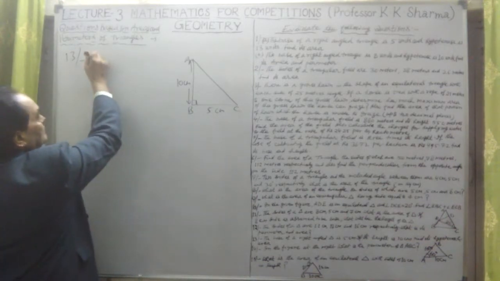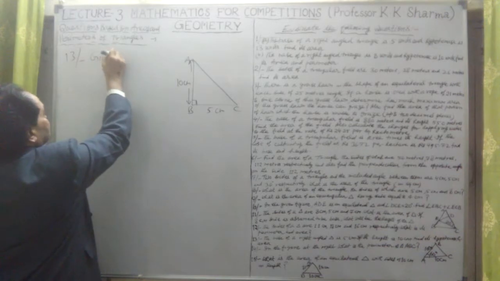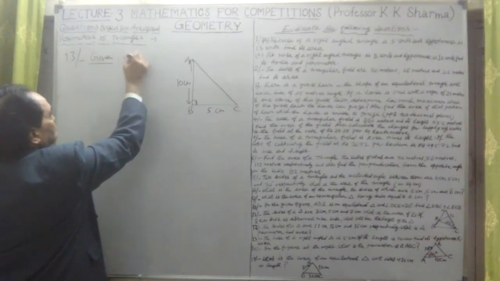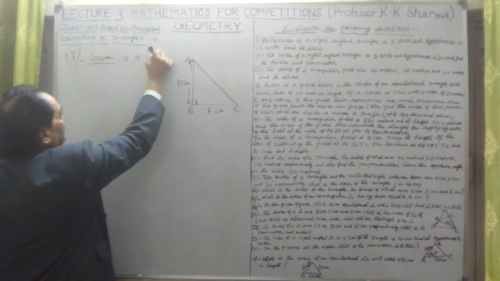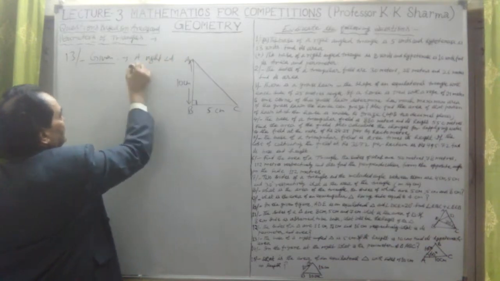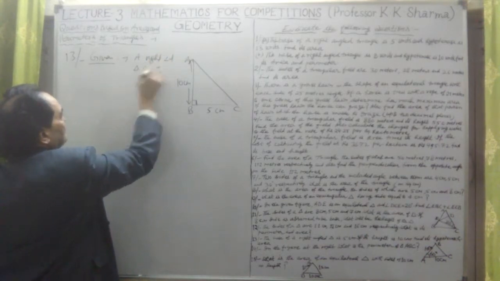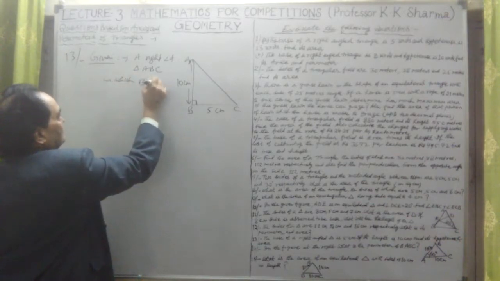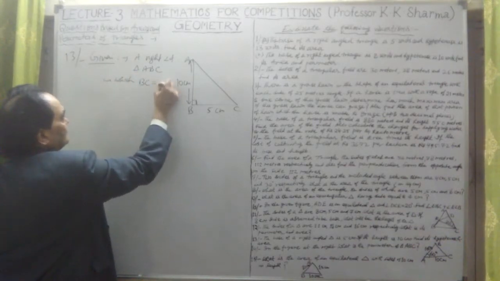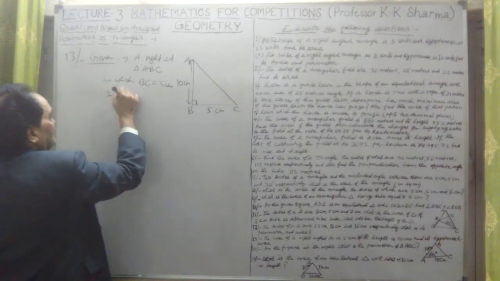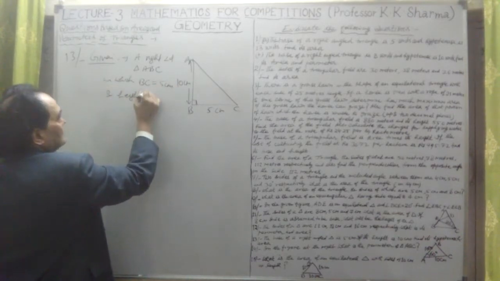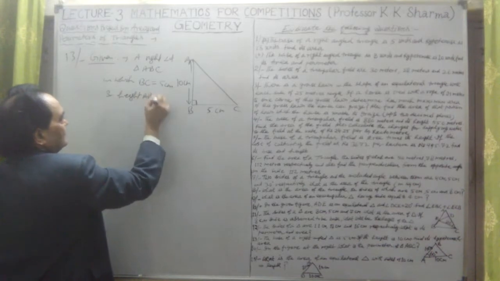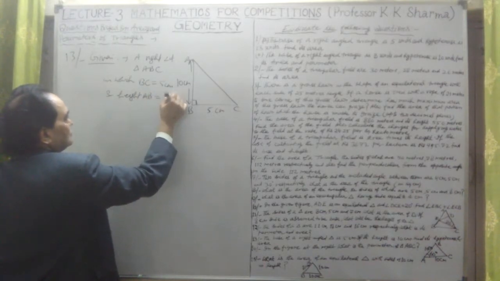So what is given to us? A right angle triangle ABC, in which we are given base BC is equal to 5 centimeter and the height AB is equal to 10 centimeter.